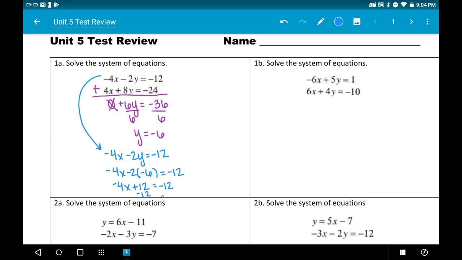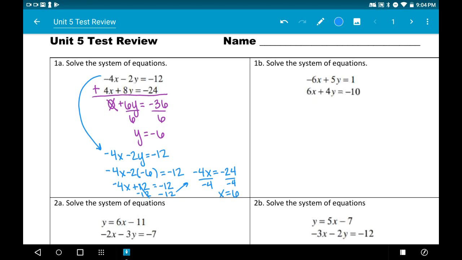Then I can subtract 12 on both sides. So we end up with negative 4x equals negative 24. Then to solve for x, I divide by a negative 4. So x equals positive 6.